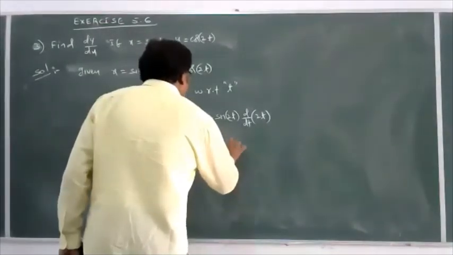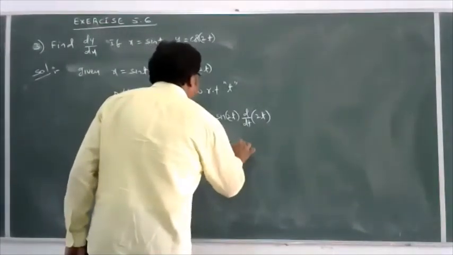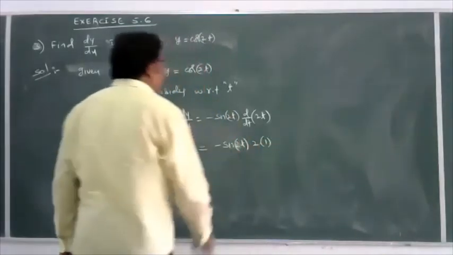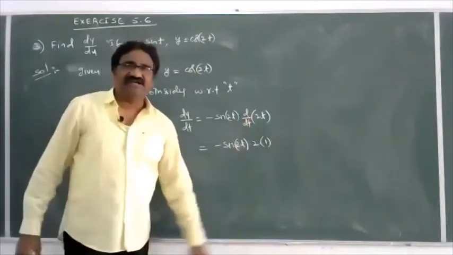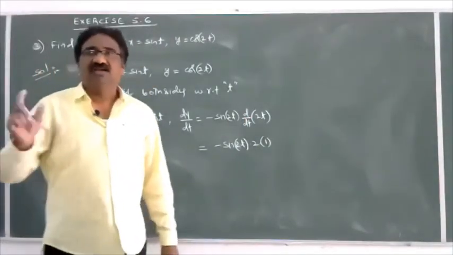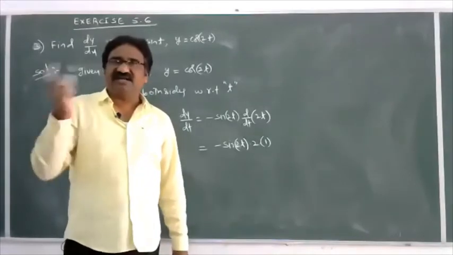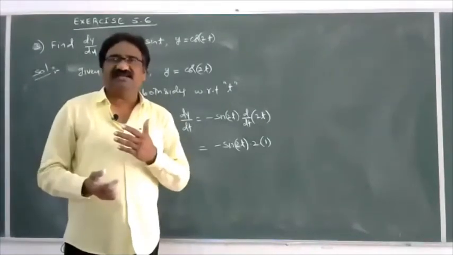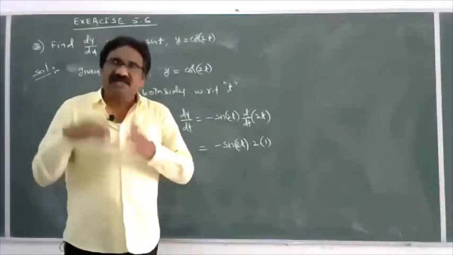That is equal to minus sin 2t into 2, constant, into t derivative 1 with respect to t. With x, the derivative of x is 1; with theta, the derivative of theta is 1, like that. For any parameter given, you use the formulas in that parameter.